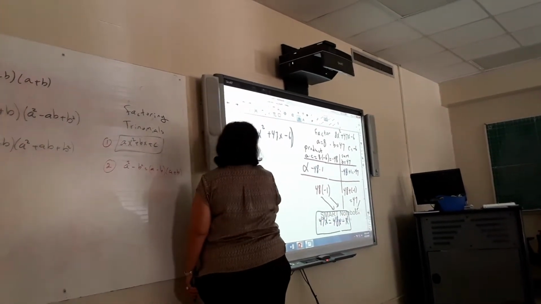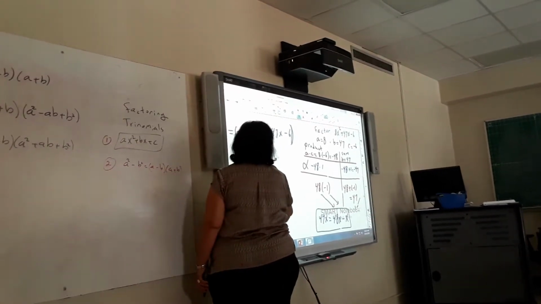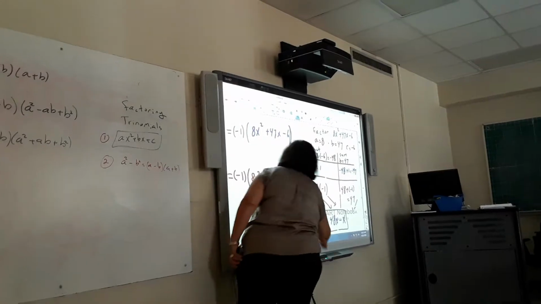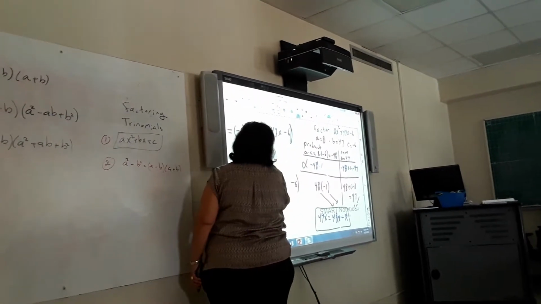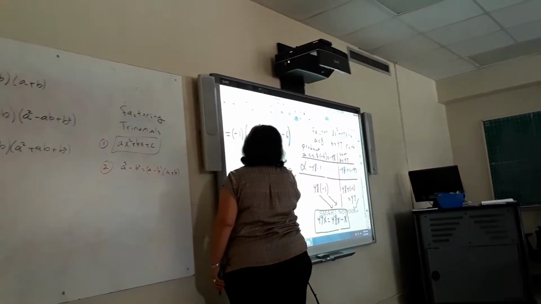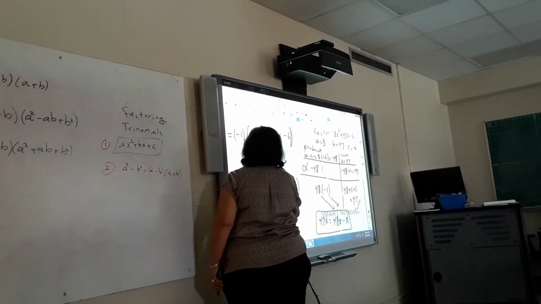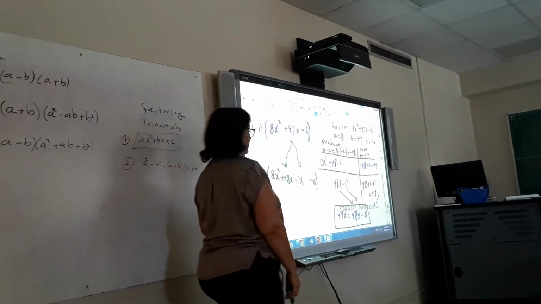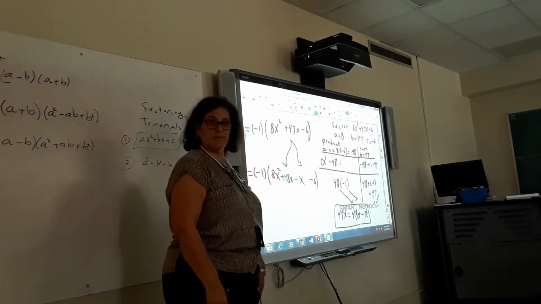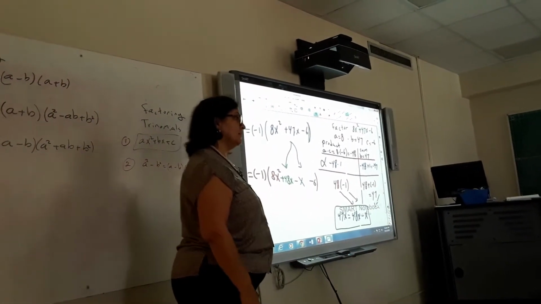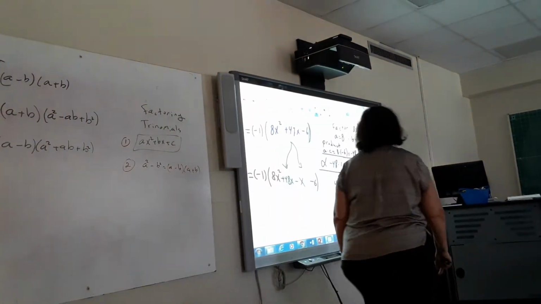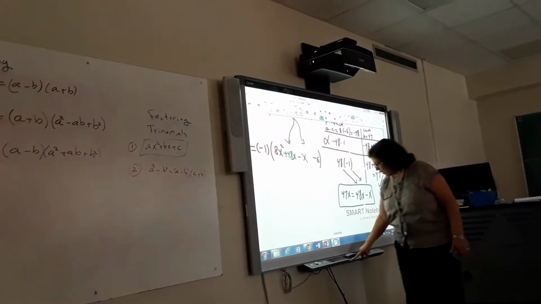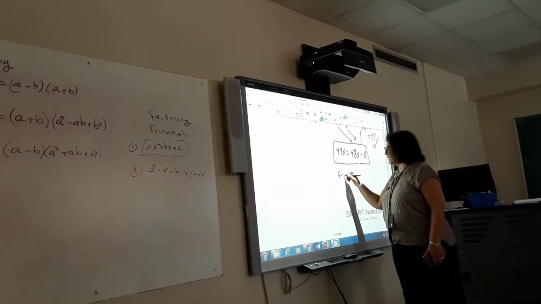I will keep the 8x squared as it is, and the negative 6 as it is. And now I will break down this guy into what? 48x minus x. Right? Okay. I did it backwards, but whatever. Now I will factor by grouping.